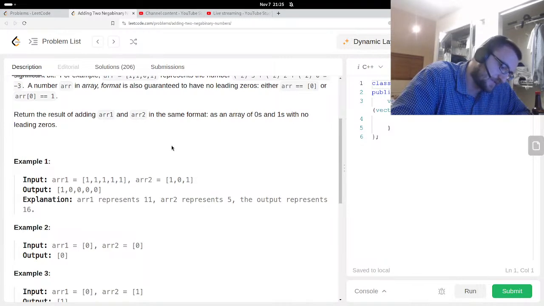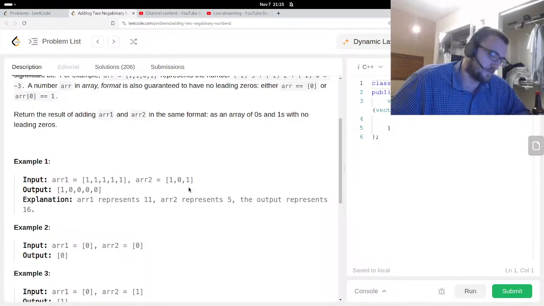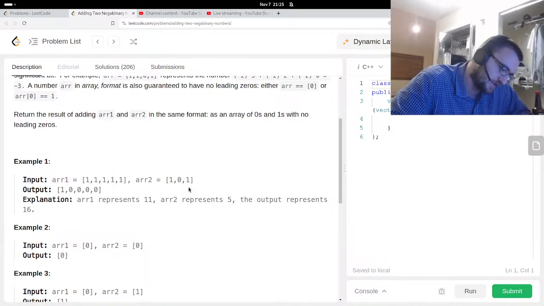I guess instead of doing a carryover, I could just add these numbers directly and see. Okay. In this case, I end up with something like 1, 1, 2, 1, 2. And then I don't know what the analysis would be here.